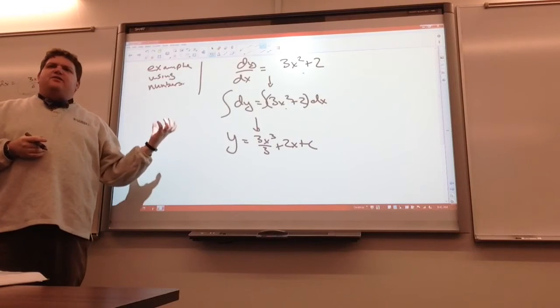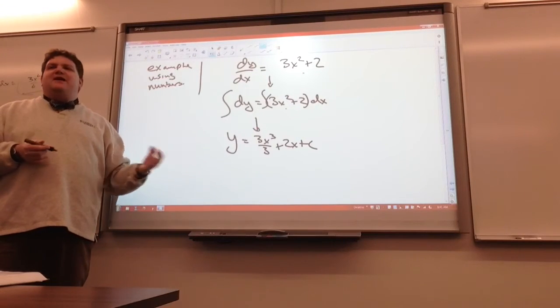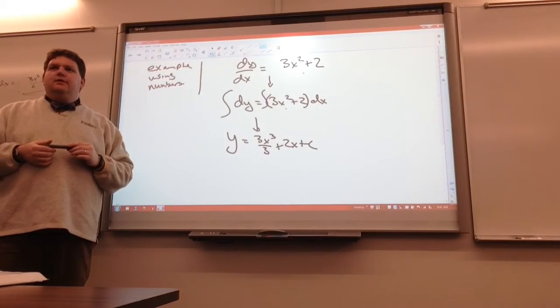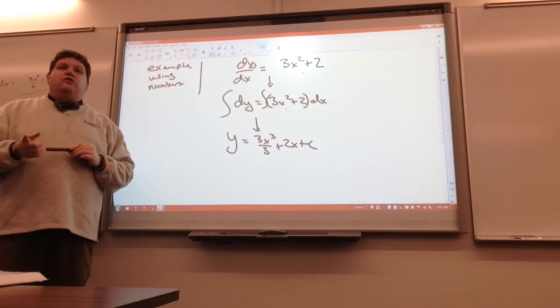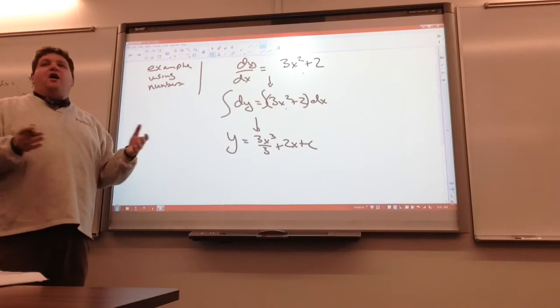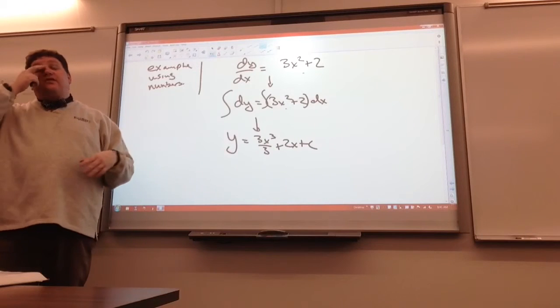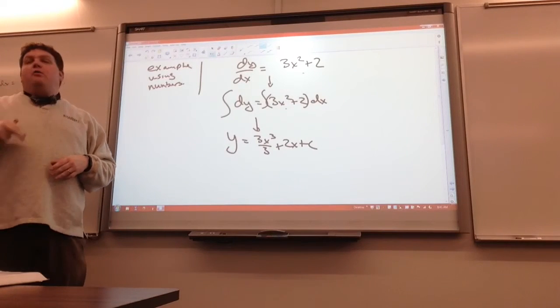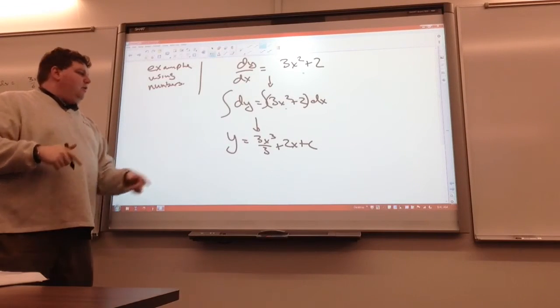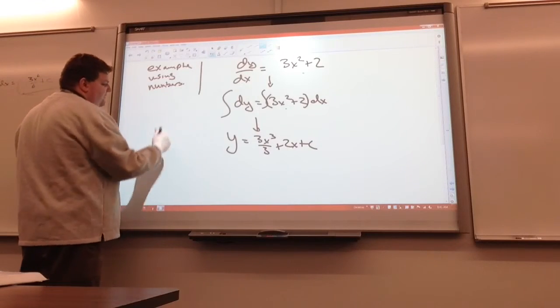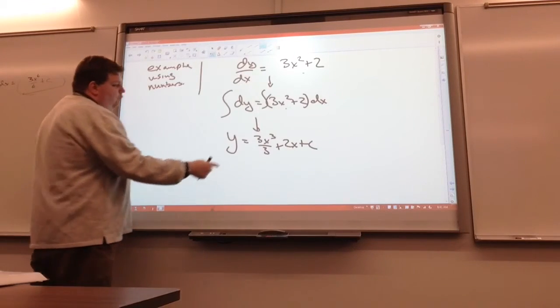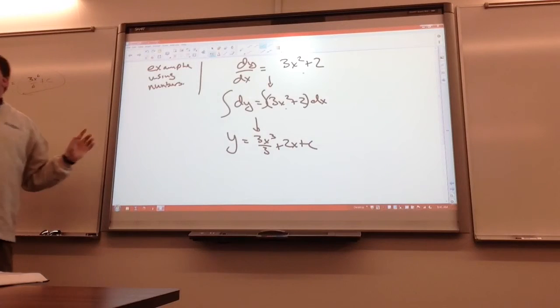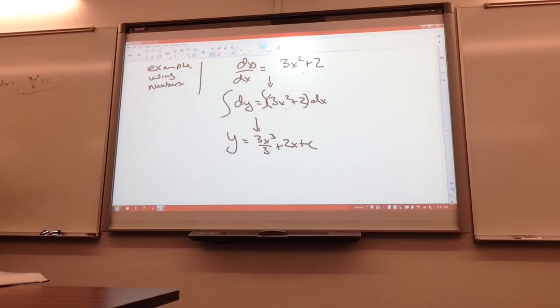If I'm asking to solve it for a specific point, what does that mean I'm actually looking for? C. If I just said solve it, I'm done. But if I said solve it for the point 1, 5, what that means I'd have to do is figure out what C is, and I would put in 1 for x and 5 for y, and then solve for c, and then rewrite my answer with the new c involved.